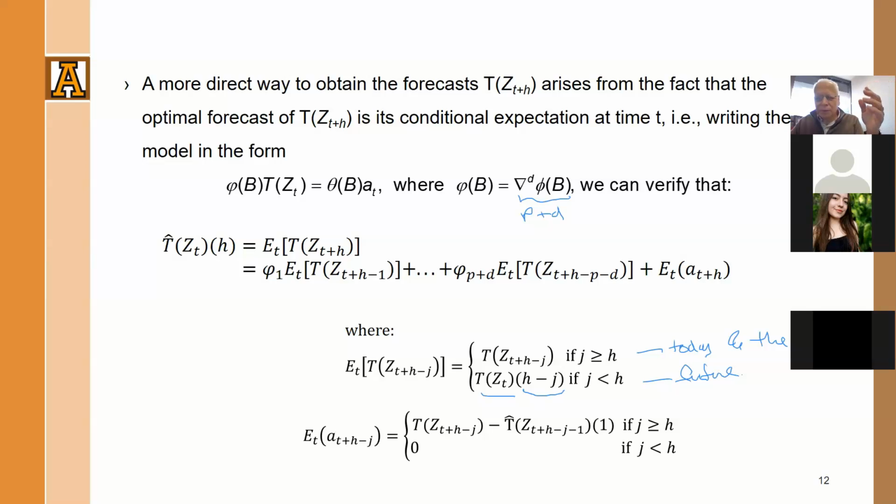Those are the conditional expectations of a_{t+h-j} for j greater than or equal to h, as long as we are in the past. But if we are in the future, this expected value is 0 because a_t is white noise.